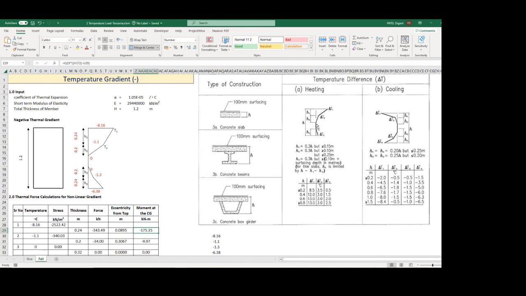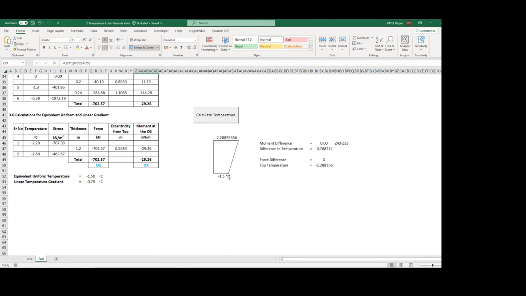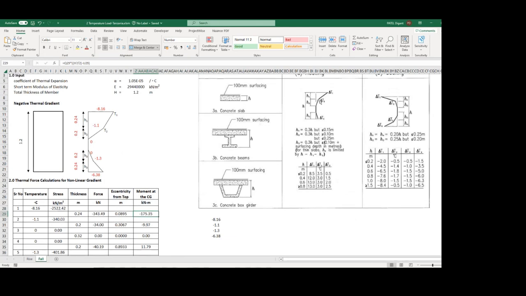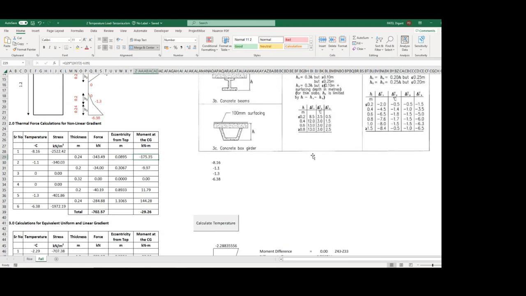But STAAD, or many other software, does not have the facility to apply the load like this. So we convert this kind of load in this way, into two parts: one for uniform temperature and one for gradient. How can we do that?